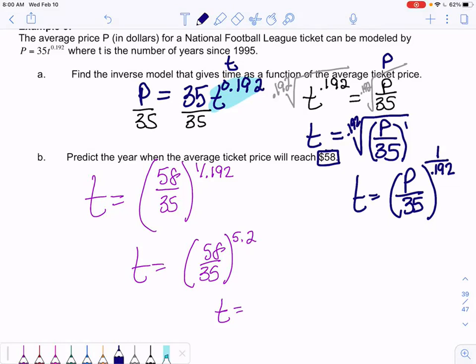What'd you get? Did you get a nice number? Yeah, 13.8. So in class, we got about 13.8. So I'll say about 14 years.